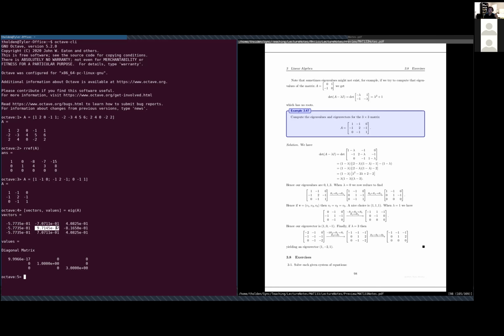Again, this number is basically 0. If you see something like 10 to the -17, that number is 0. Then the first thing and the last thing are the same but with different signs. So I'm going to say -1, 0, 1 is an eigenvector for 1. If we check lambda equals 1, we get 1, 0, -1. I said -1, 0, 1, but those are the same because you're allowed to use any scalar multiple. Does that make sense?